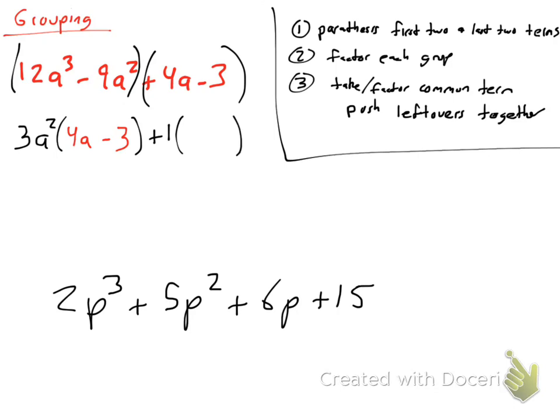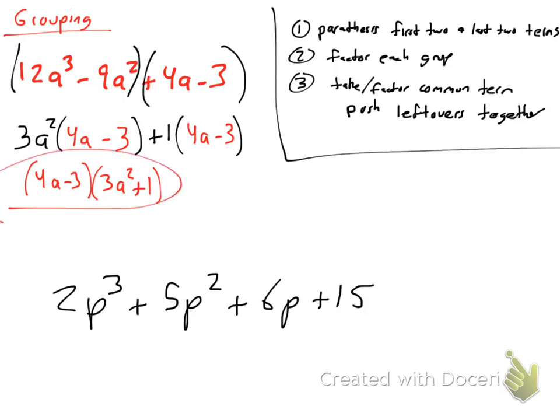And that is very important that I get the same thing, because if you look at step 3, it says you will have a common group, and it says take or factor that common term or group and then push together the leftovers. So 4a minus 3, and then I will push together 3a squared plus 1. Ta-da! You've just factored it. And I cannot factor those anymore.